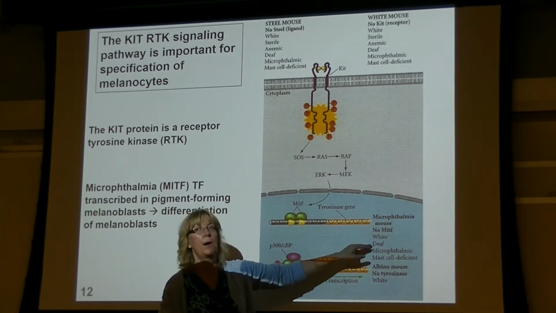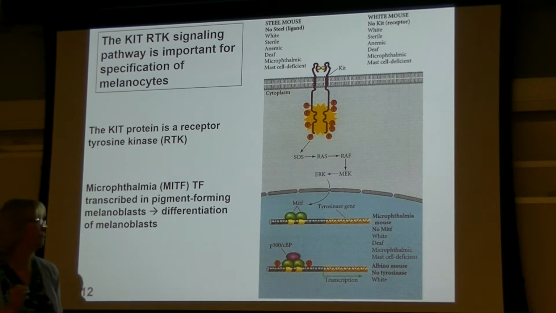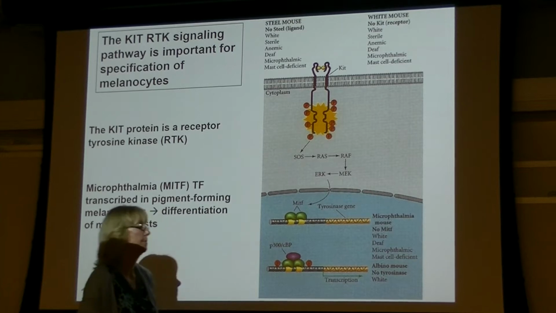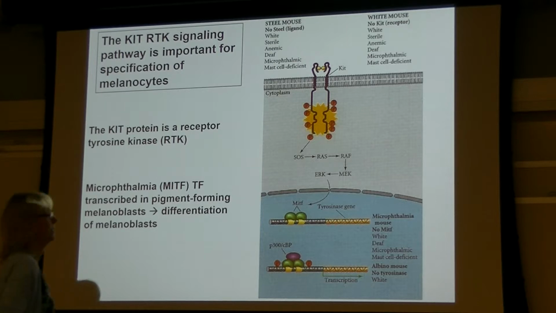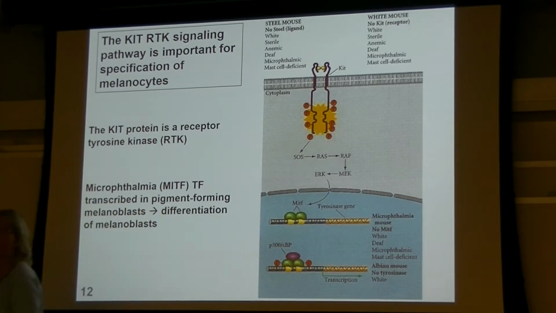Microphthalmia, this means a small eye phenotype, so there's some contribution from neural crest there as well, and then some immunology type phenotypes as well. So this is basically just tying all this together in terms of the melanocytes, a signaling pathway, and then eventually the production of pigment within those melanocytes themselves.